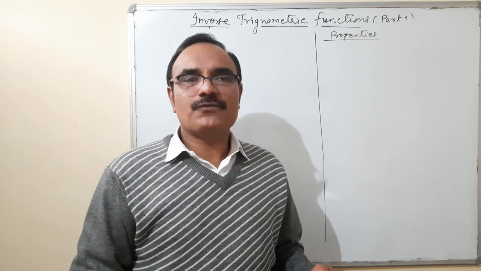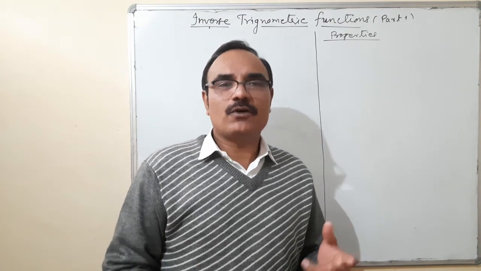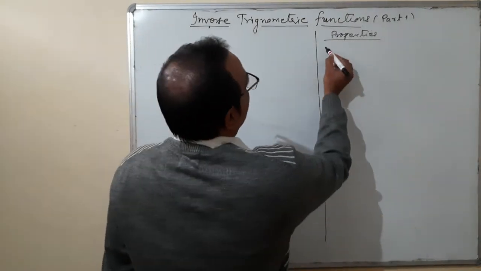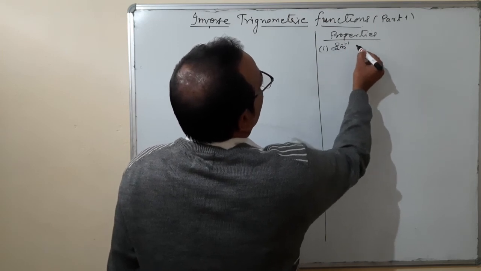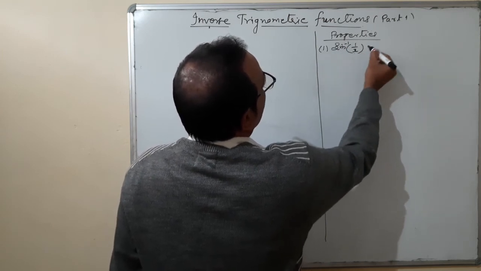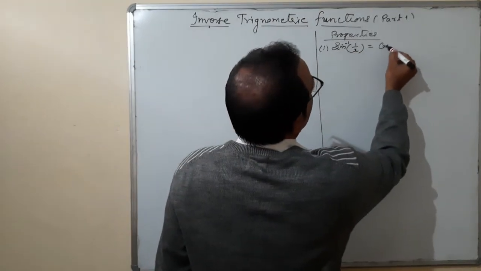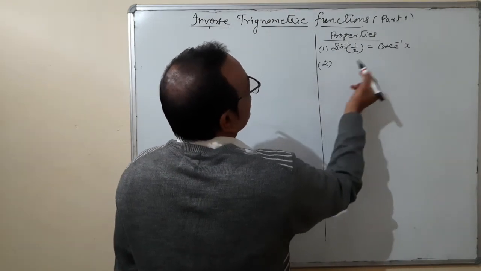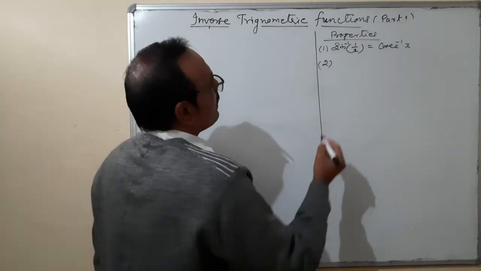You will remember the formula which you have learned in class 11th, sin A plus B, sin A cos B plus cos A sin B. All those formulae will be used. Property number 1: sin inverse 1 upon x is equal to, the reciprocal of sin is cosec, so it is cosec inverse x. Same as cosec inverse 1 upon x is equal to sin inverse x. Okay.